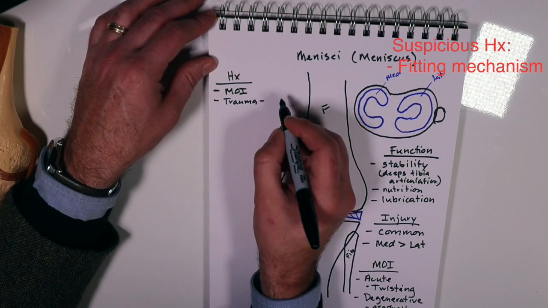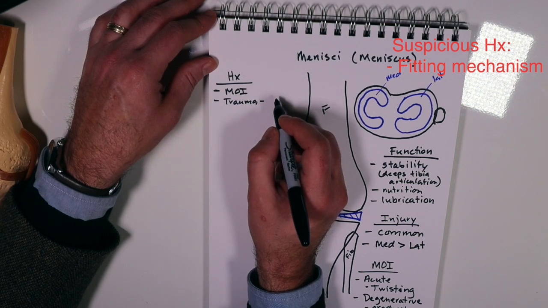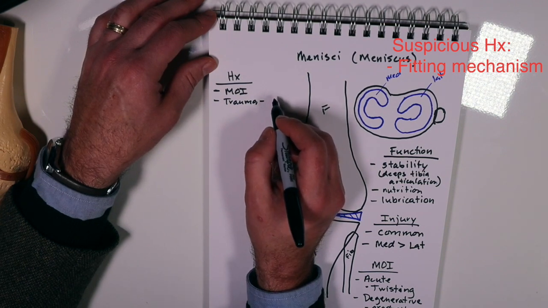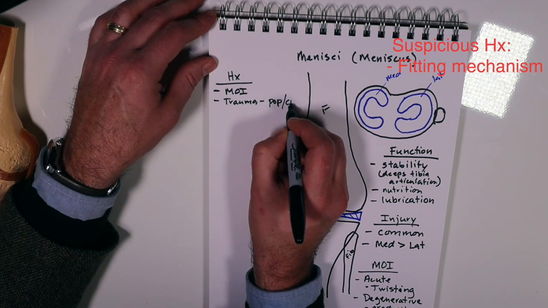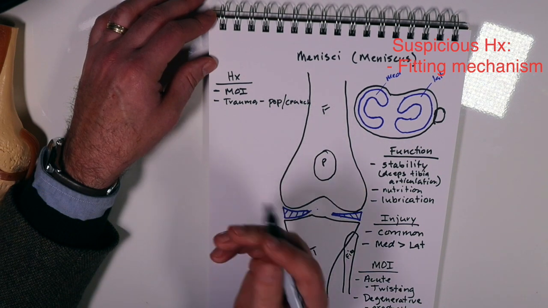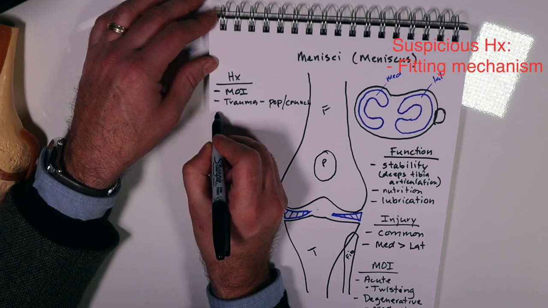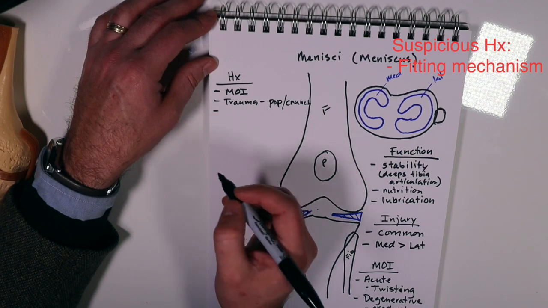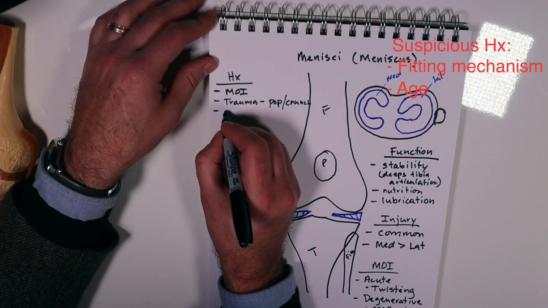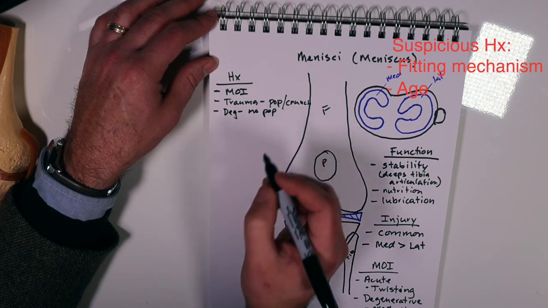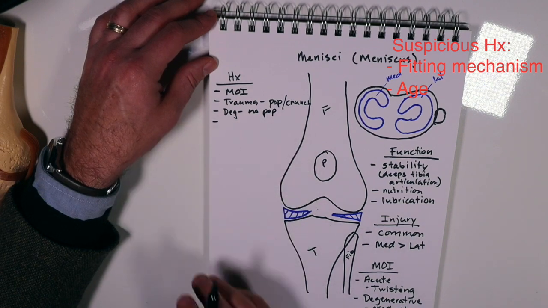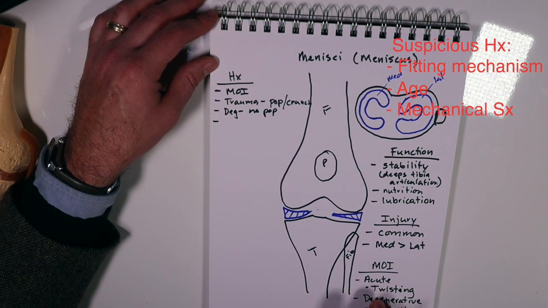That's how I've had it described in the past, and that's what I've felt in the past. I've had a couple of meniscus tears myself. So pop or crunch. Mine really felt more like a little crunch in the knee. So if it's a degenerative tear, they likely won't feel a crunch or pop. So degenerative, no pop.